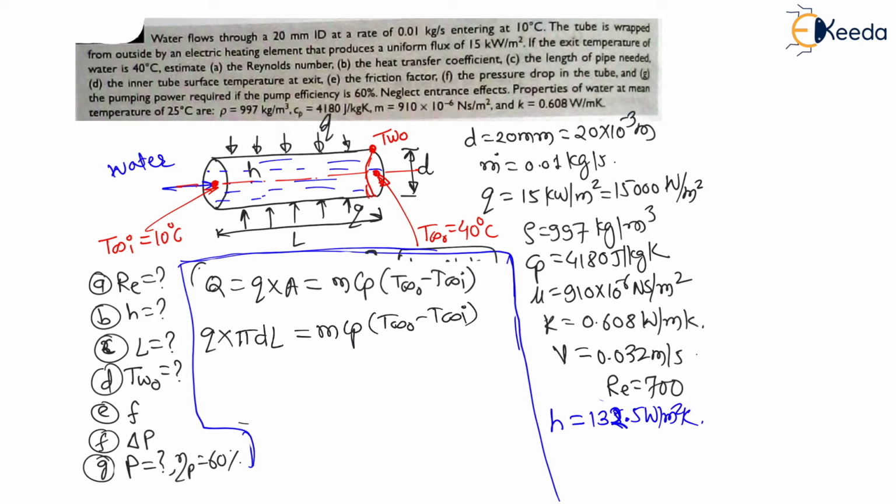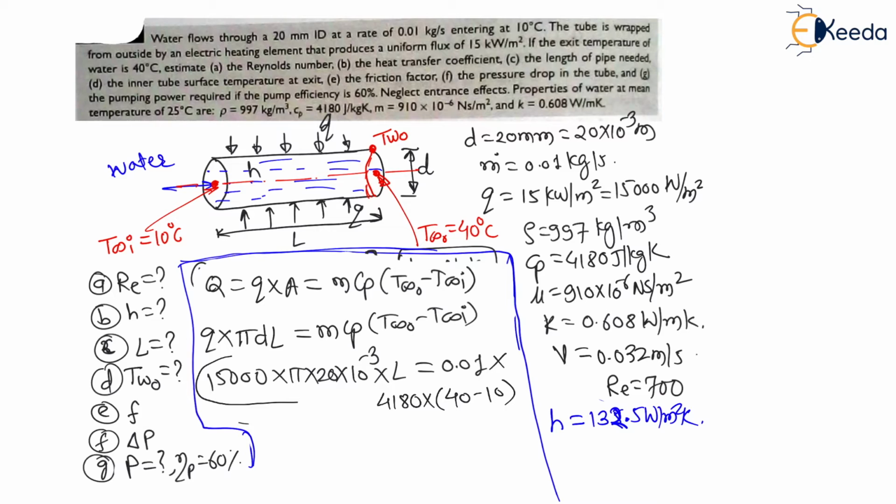So let's put the values. q is 15,000 into pi, diameter is 20 into 10 to the power minus 3, into length, is equal to mass flow rate 0.01, Cp is also given, 4180, into temperature difference, 40 minus 10.